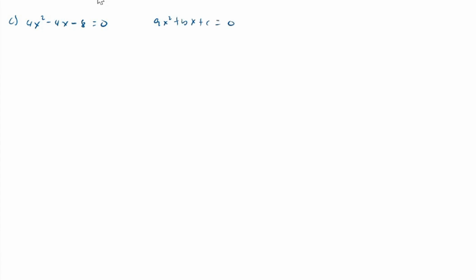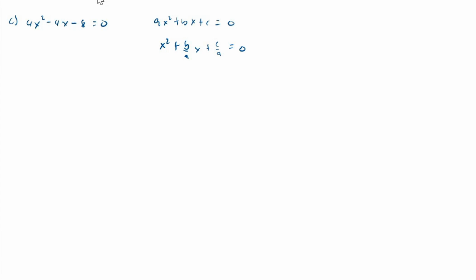If this is the pattern, then divide all terms by a. So we have x squared plus b over a of x plus c over a is equal to 0, because I divide all the terms by a. So ax squared over a is x squared, then b over a of x plus c over a, then 0 over a is still 0.